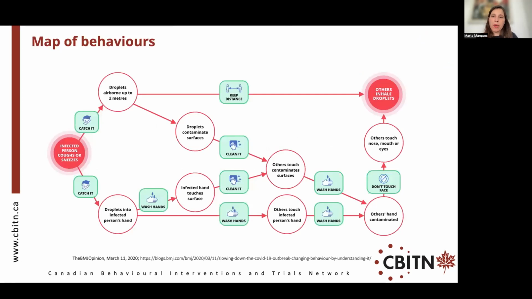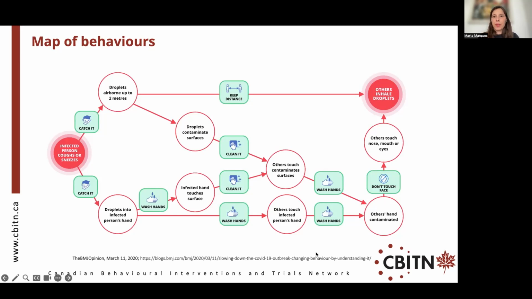When we talk about the behavioral systems or mapping of behaviors, as I said before, there are many instances where we have a more complex link between different behaviors. This is an example from COVID-19. You can look at the paper if you want to have more information, where you can see where different behaviors related with preventing the transmission of SARS-CoV-2 are actually linked with each other, right?